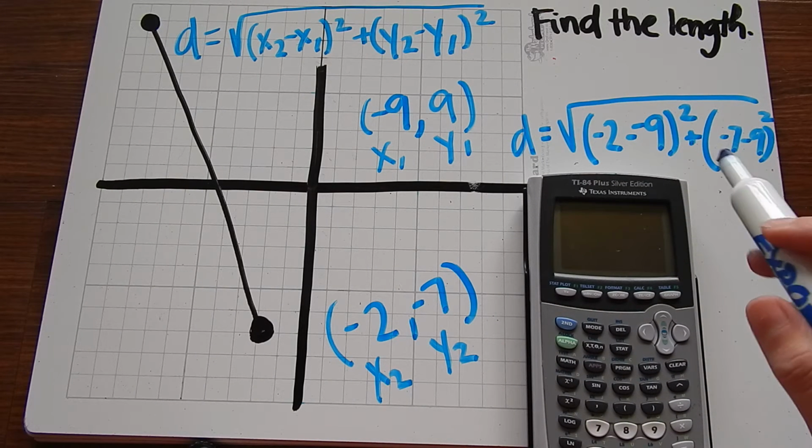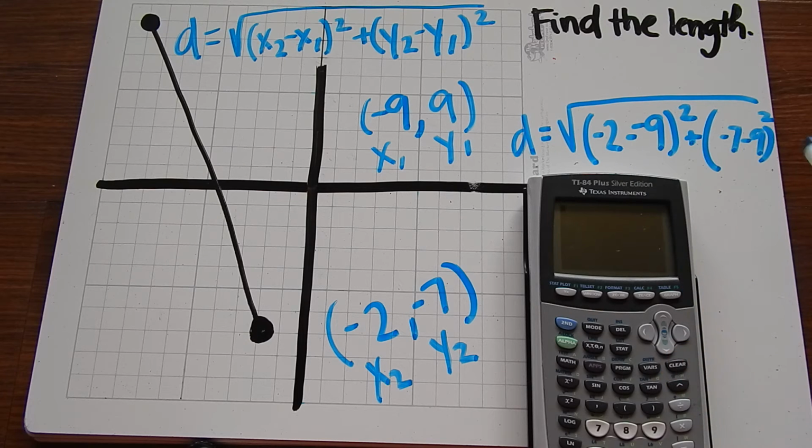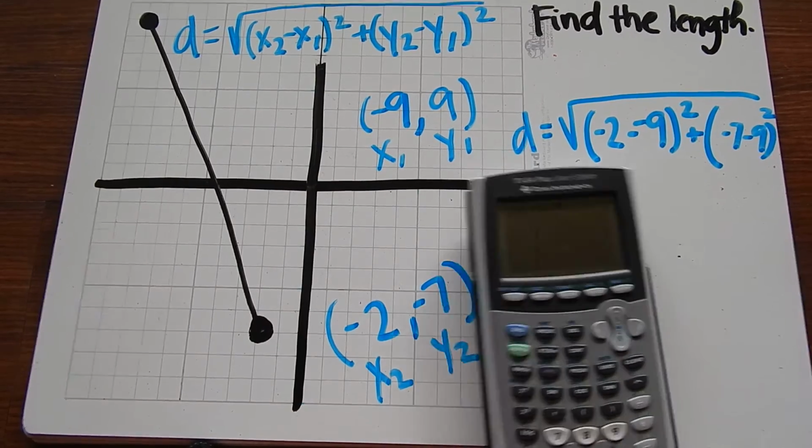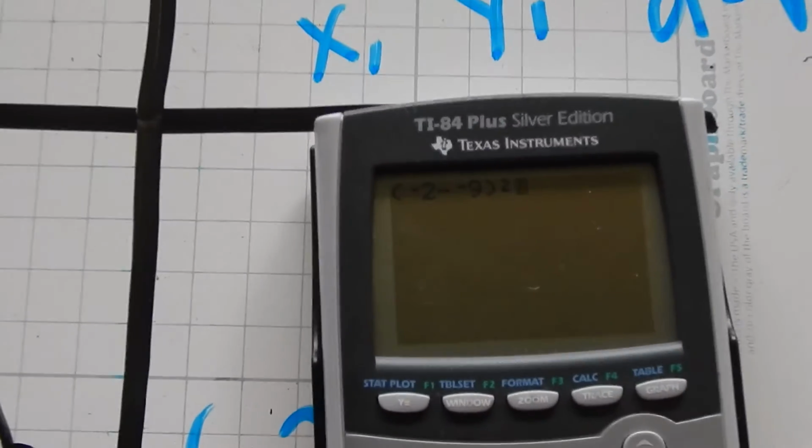Now, I'm just going to figure out what's going to go underneath the square root. I'm not going to type in the square root. So when we type this in, it's going to be parentheses, -2 minus -9, close parentheses, squared. And I will zoom in on the calculator.